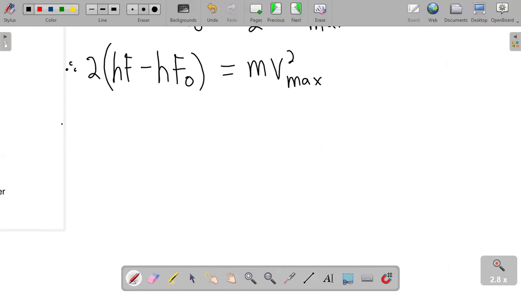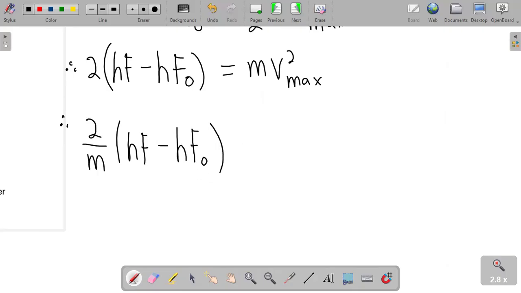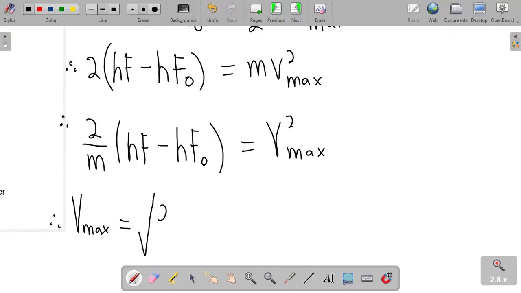If we divide by m, it's going to be 2 over m times hf minus hf naught equals v squared maximum. And if we want the maximum, it's going to be v max; we take the square root. So then it's going to be the square root of 2 over m times hf minus hf naught.